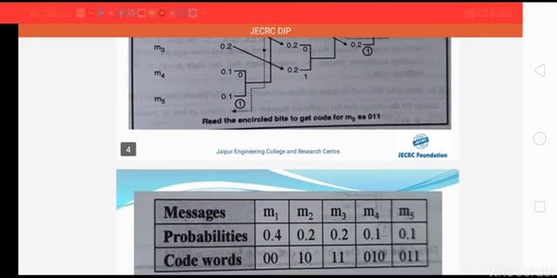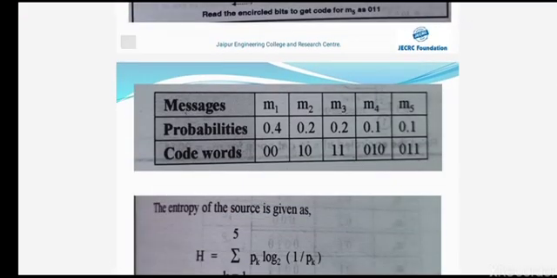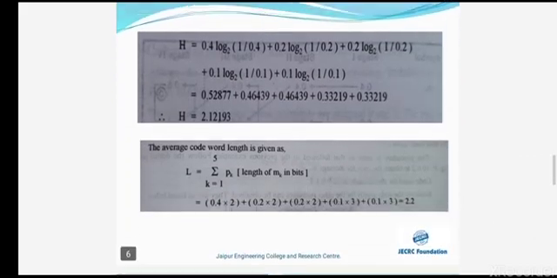We can see here that m1 has the code 00, m2 has the code 10, m3 has the code 11, m4 has the code 010. So the code length for m4 is 3, m5 is 3, m3 is 2, m2 is 2, and m1 is 2. We can easily find the expression for L, and this value is 2.2.